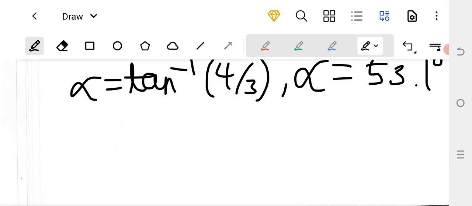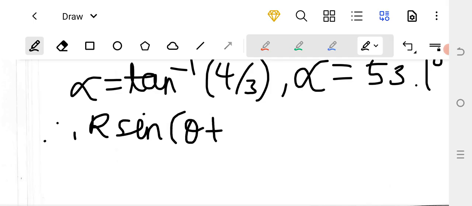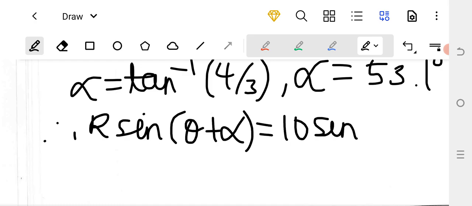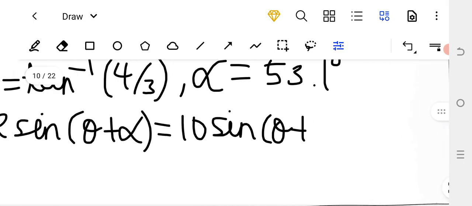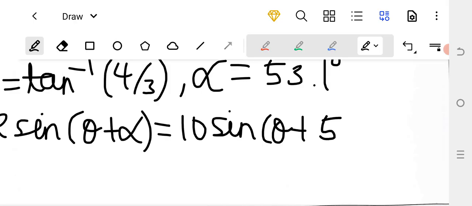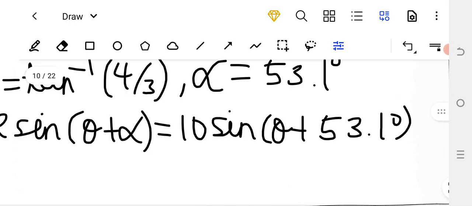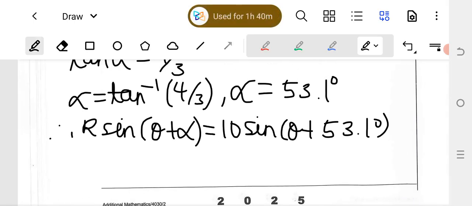You are going to say therefore r sine (theta plus alpha) is equal to 10. That's what you found for your r. Then you're going to say sine (theta plus 53.1 degrees), like that. So that's how you conclude.